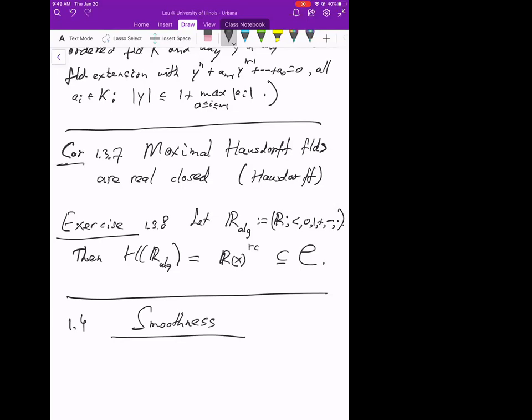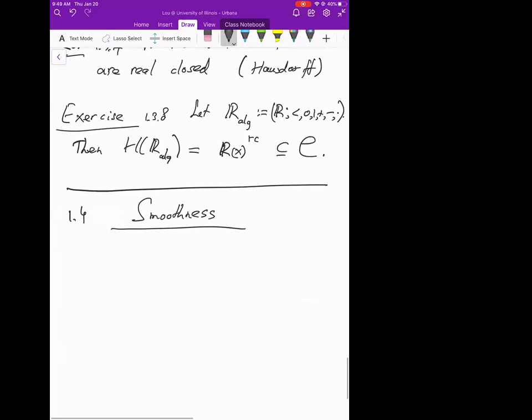So one can already consider some smoothness issues in this setting, but some notation. Let R be a natural number or infinity.